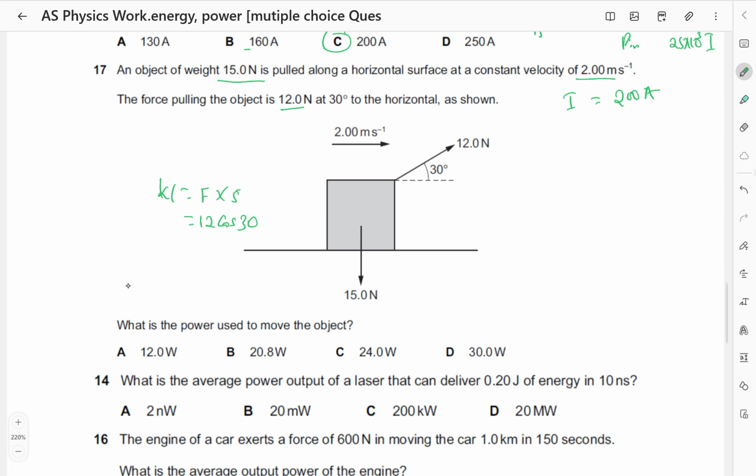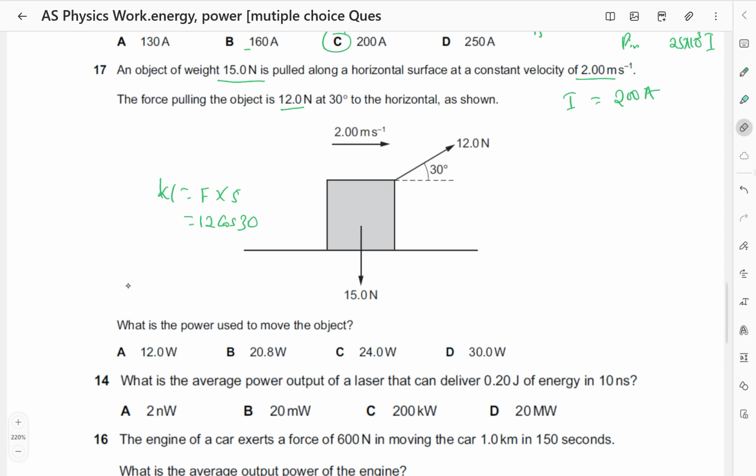The object of weight 15 newtons, so the 15 newtons will not have an effect on the work done, is pulled along a horizontal surface at a constant velocity of 2 meters per second. That is the velocity. The force which causes motion is going to be 12 cos 30.